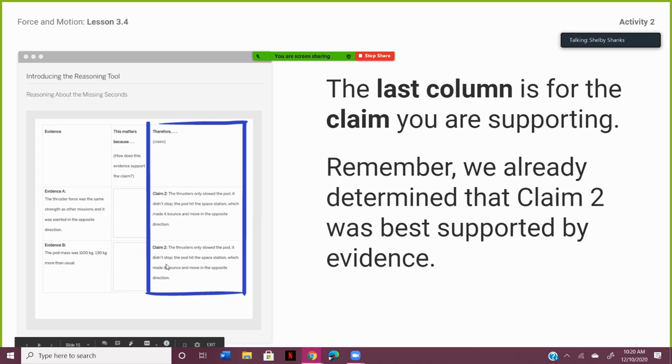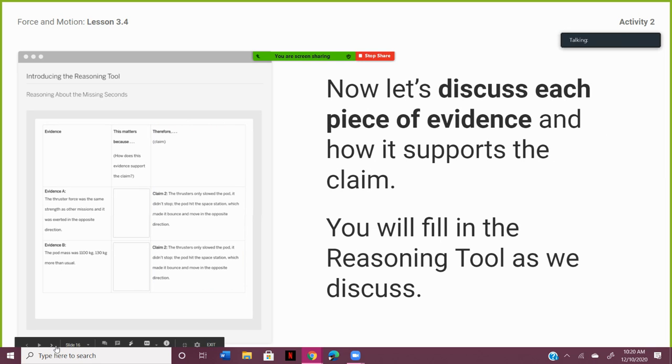That last column is for claim 2. Remember, we already determined that claim 2 was best supported by the evidence that we had. So the thrusters only slowed the pod, it didn't stop, and it hit the space station and bounced off in the opposite direction.